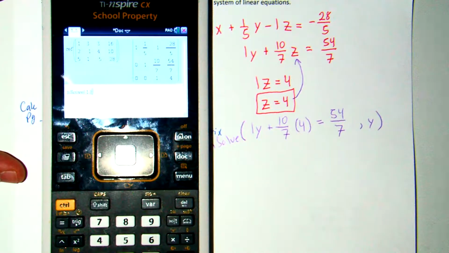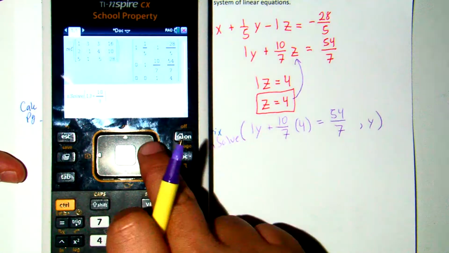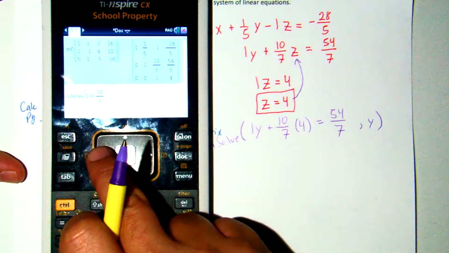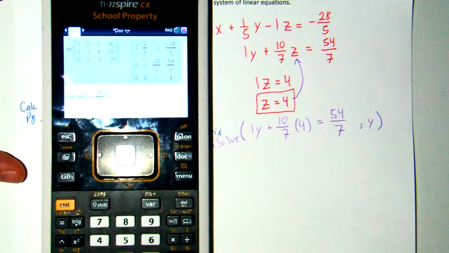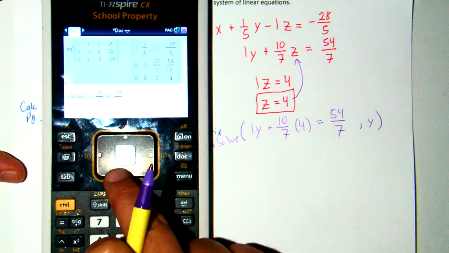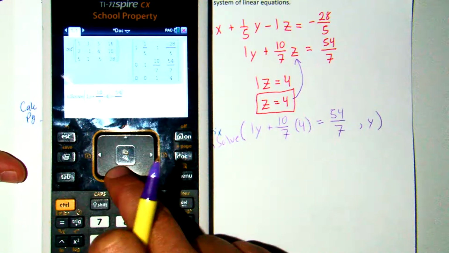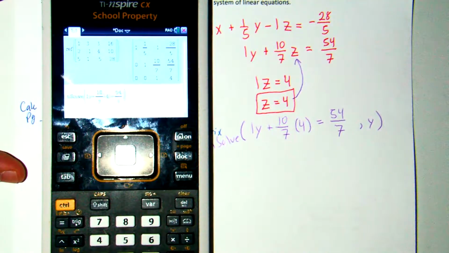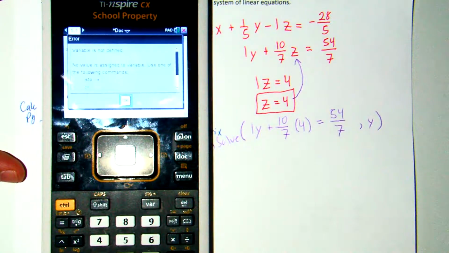So we have 1y plus, control divide, 10 over 7. Whoa, that's not a y. Parentheses 4, close it, and equals, control divide, 54 over 7. This is the nice part about nsolve: no matter what kind of fractions or decimals I have, it can solve it.